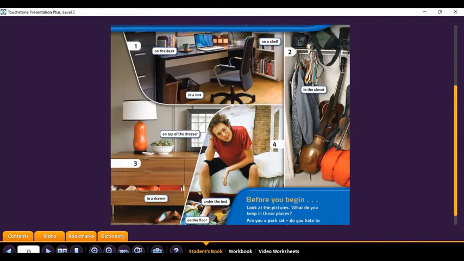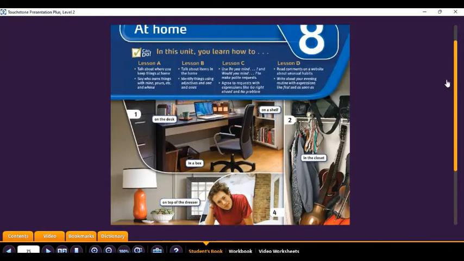Florencia, please tell me, what do you keep in the closet? And Elizabeth, sorry, tell me, what do you keep on top of the dresser? Okay, in the drawer, under the bed, or on the floor. What do you keep there? Okay, who's the first one? I think it's Fabiola, Florencia, right?